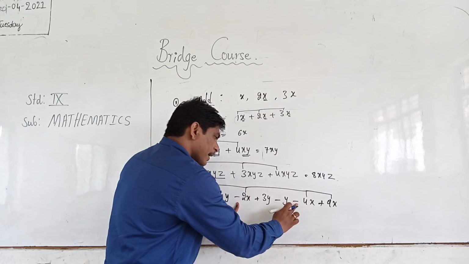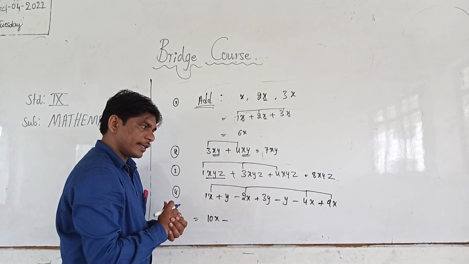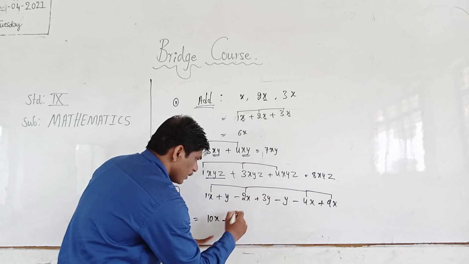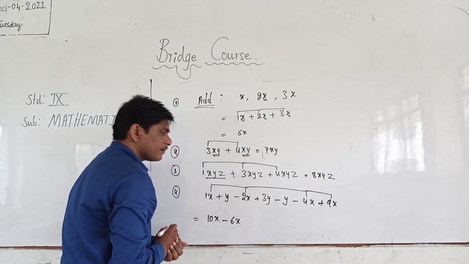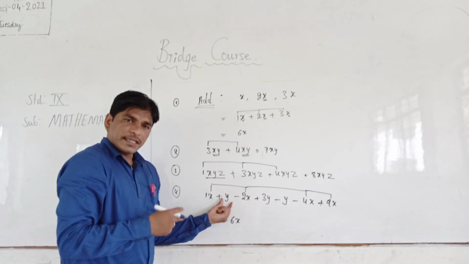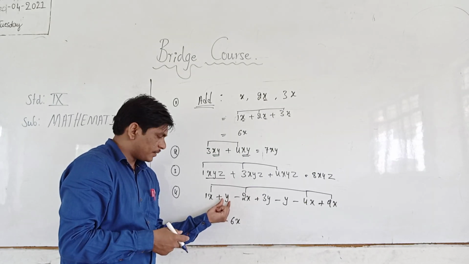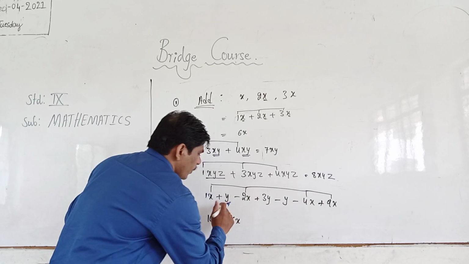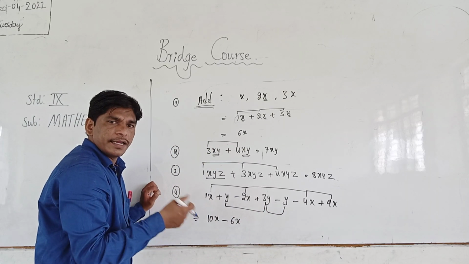Next, here is minus 2x, minus 4x. Now, the common sign is negative. Write it: minus 2, minus 4. Now, you have to add both terms. You get minus 6. And in this problem, another type of like terms is there. Y is another variable type of like terms: y, 3y, minus y. Here, positive terms first you add, then afterwards you subtract the negative values.